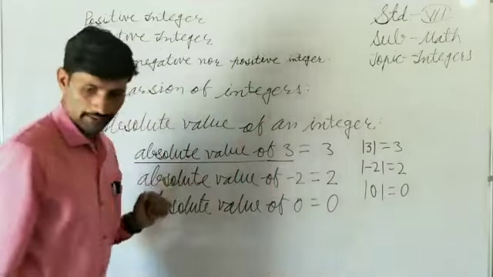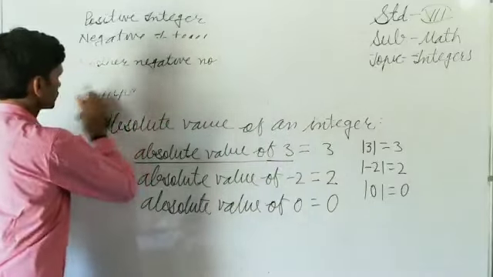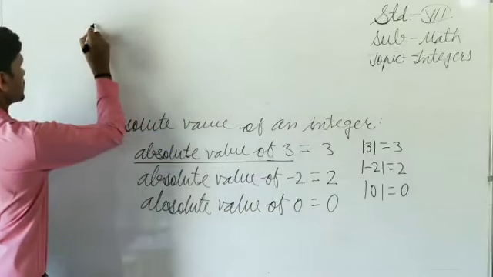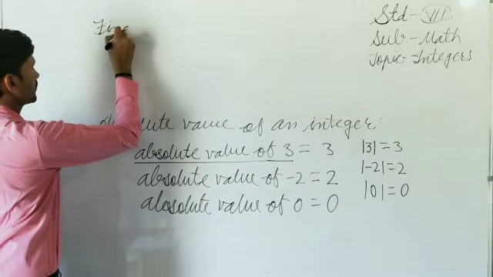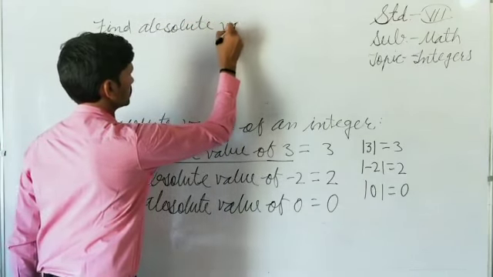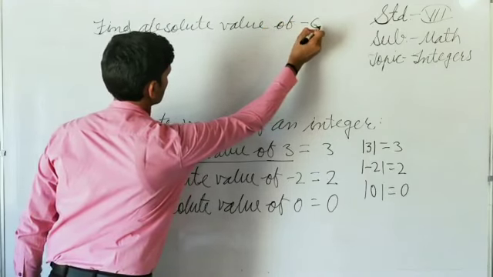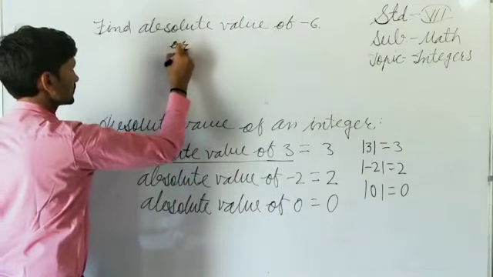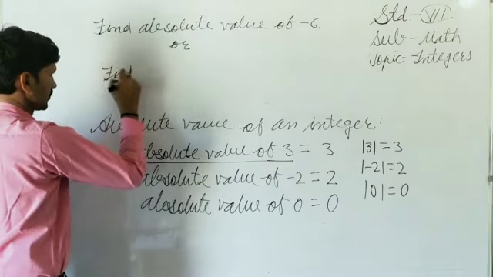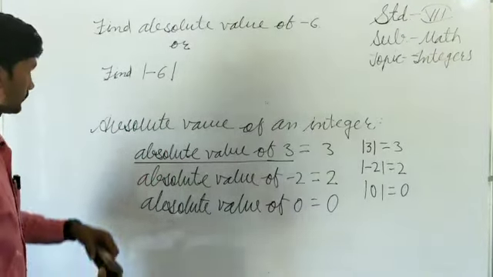If I say find the absolute value of minus 6, or I say find this symbol, the meaning of both statements is the same.